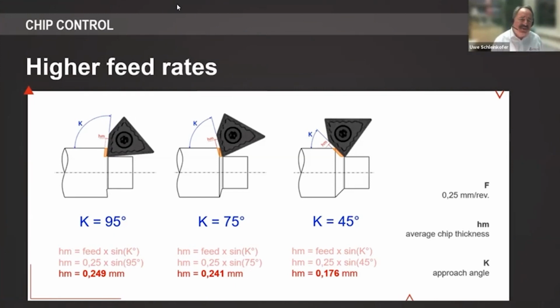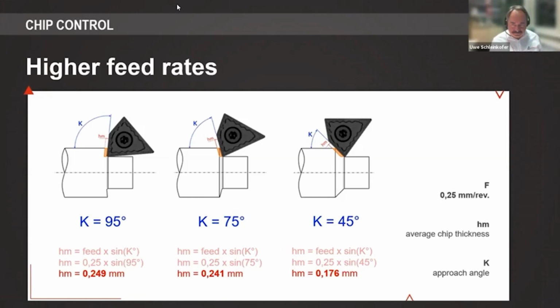And of course, when you change the approach angle, you change the thickness of the chip, and the length of the cutting edge in operation with that. And with that, you can run different feed rates. Right here, you see now for a feed rate of 0.25, we have an average chip thickness by these approach angles.